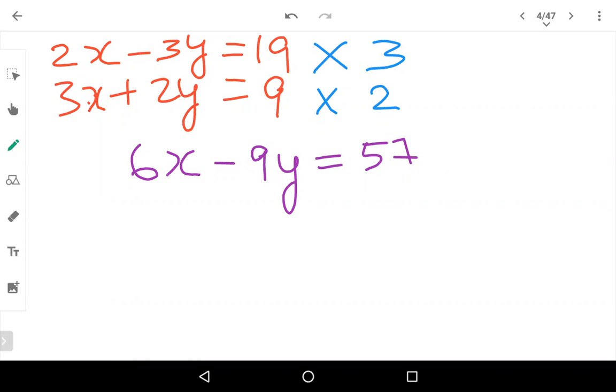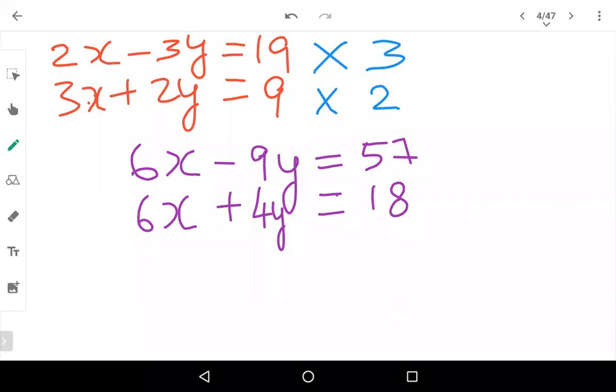So that is my new equation 1. Now going on further for equation 2, 3 2s are 6, I get 6x again. 2 2s are 4, plus 4y is equal to 9 2s are 18. So I get the new equation 2. Did you all understand till here? Any doubts? Which number to multiply? How to multiply? Everybody understood?